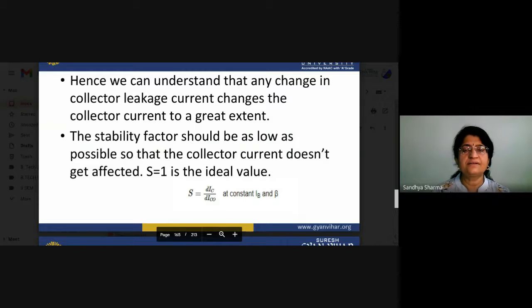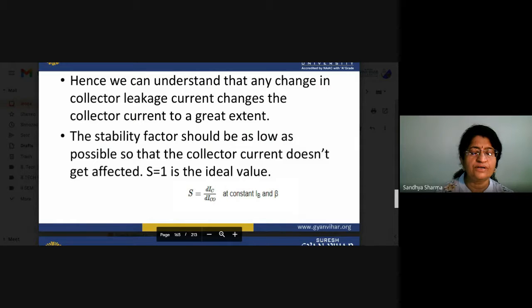Hence we can understand that any change in collector leakage current changes the collector current to a great amount. So the stability factor should be as low as possible so that collector current does not get affected.